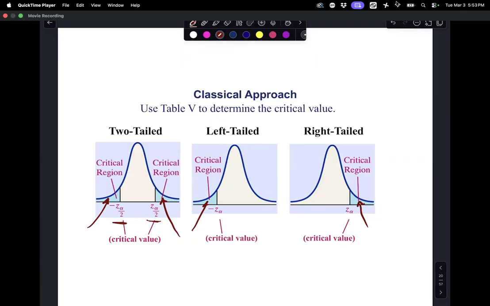I'm going to say it again. Don't divide your alpha in half on a left-tailed or a right-tailed, only a two-tailed. All right. I know this is a whole lot of stuff. It's not super complicated once we get into it. I'm going to step you through it, like baby steps through it. Okay.